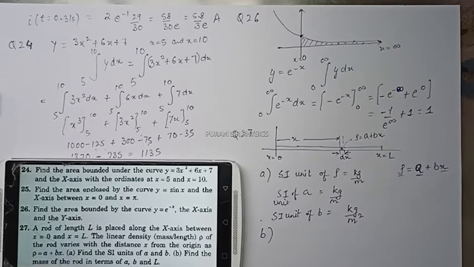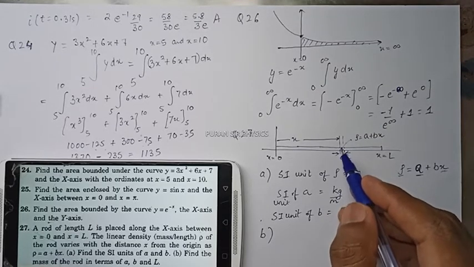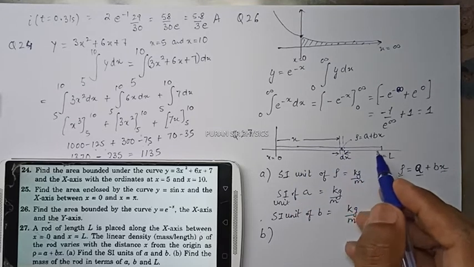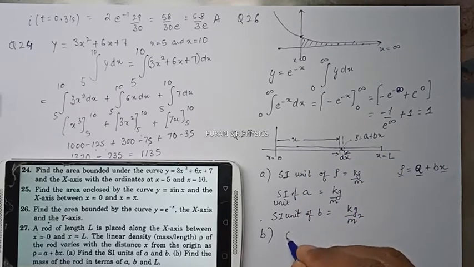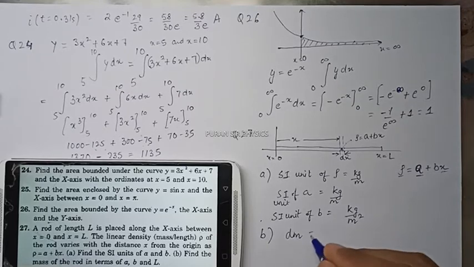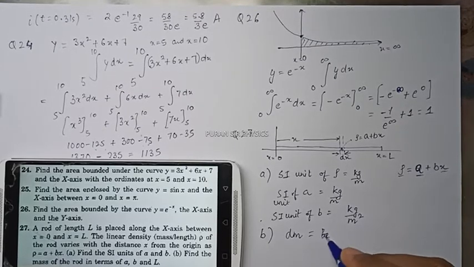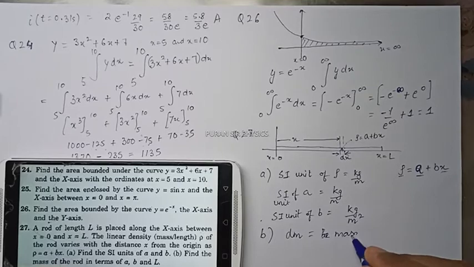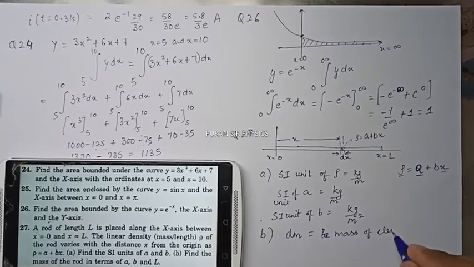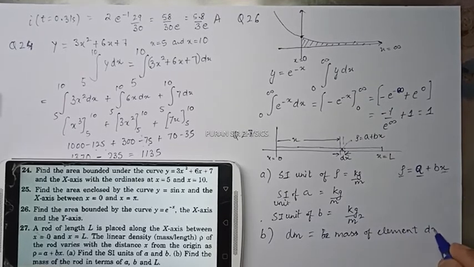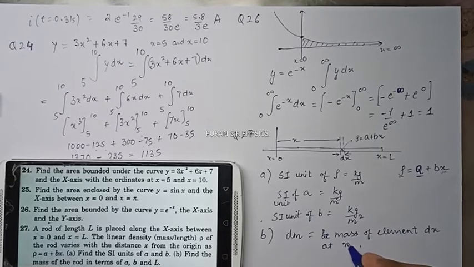Find the mass of the rod in terms of A, B and capital L. If we want to calculate the mass, we have to take all these elements and add them together. So first of all, let dm be the mass of the element dx, which is placed at x.